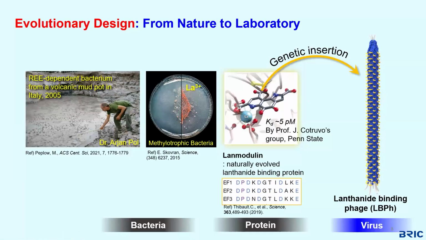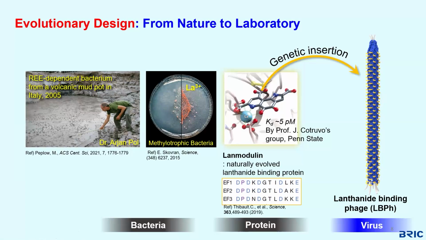In 2005, I would say nature gave us a present. This Italian scientist went to the Berkeley mudpot and collected many different bacteria, and he accidentally found that several bacteria can survive only with lanthanides.